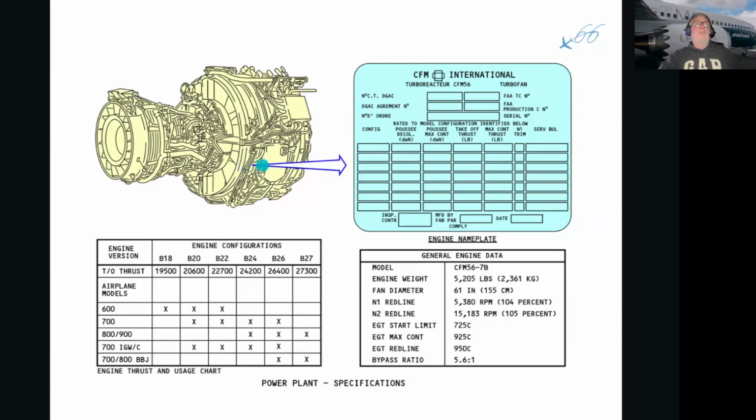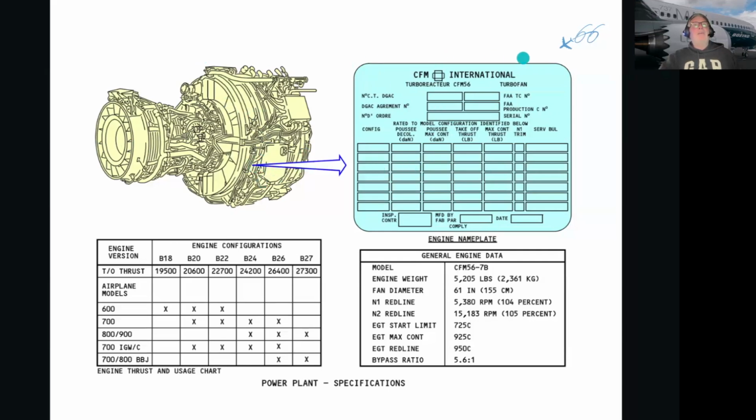The engine data plate, for example, would be approximately at the 4 o'clock position, aft looking forward. That's how we locate components and name the component locations, from 12 to around 3:30, 4 o'clock.